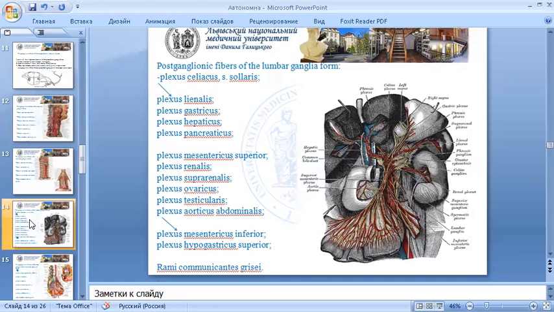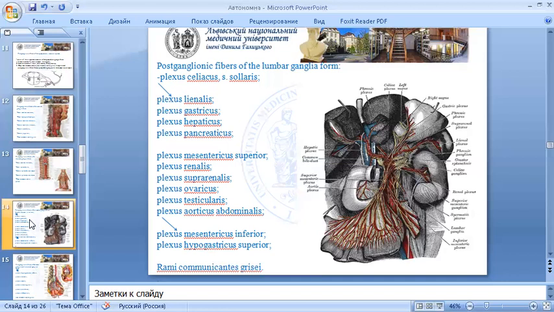And besides all these plexuses, which are created by the postganglionic fibers of the lumbar ganglia, the postganglionic fibers of lumbar ganglia also create rami communicantes grisei, which are joined to the lumbar spinal nerves, to the somatic nerves of the lumbar plexus.